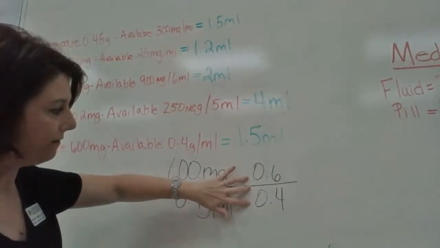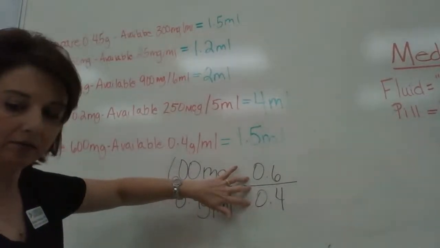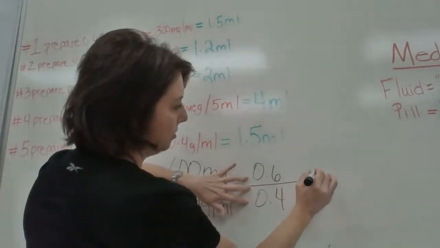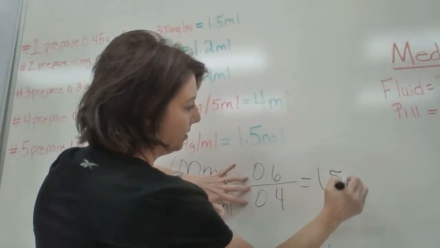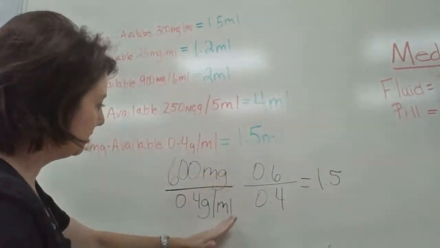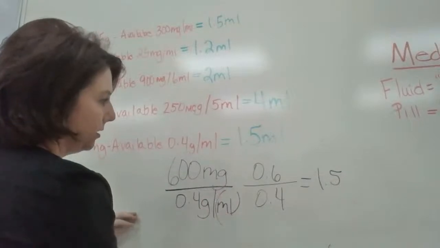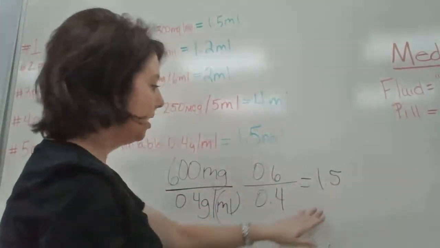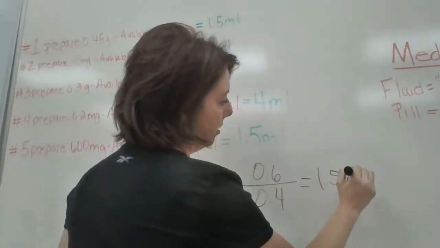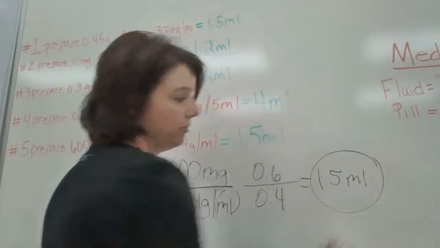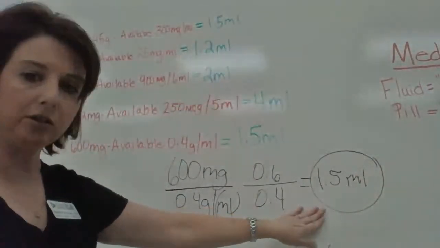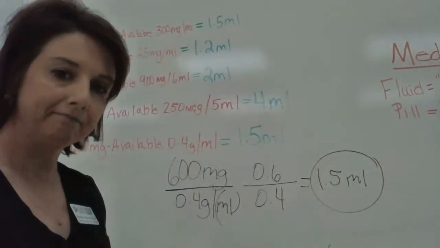Then once you do that final step and you divide this out, it's going to give you 1.5. And this here was only 1 milliliter here, so we don't have to do that extra step. So 1.5 milliliter is your correct answer. And that's what you're going to administer to your patient.